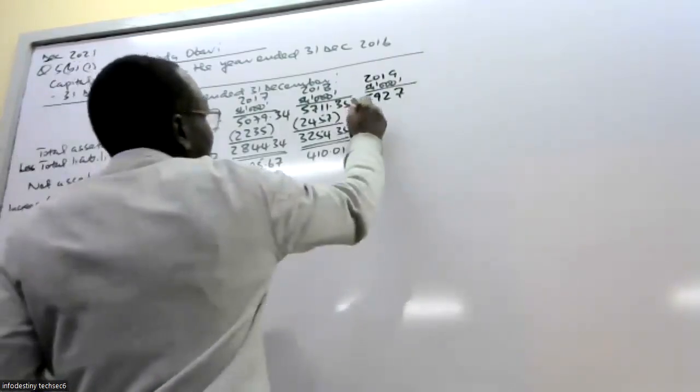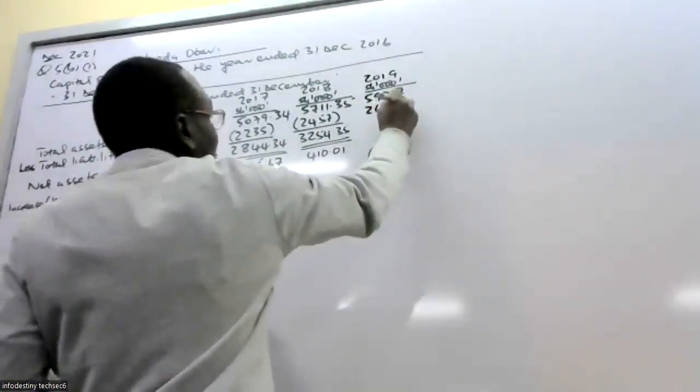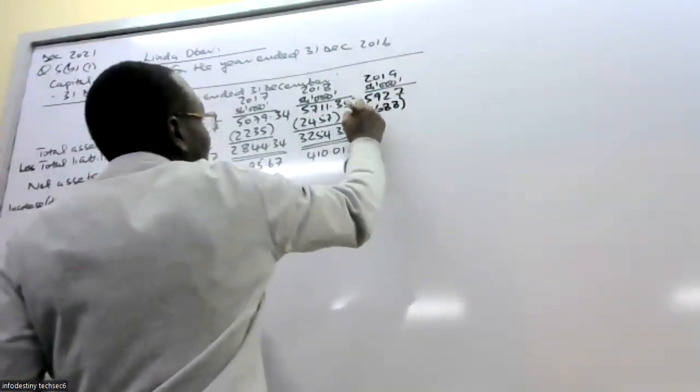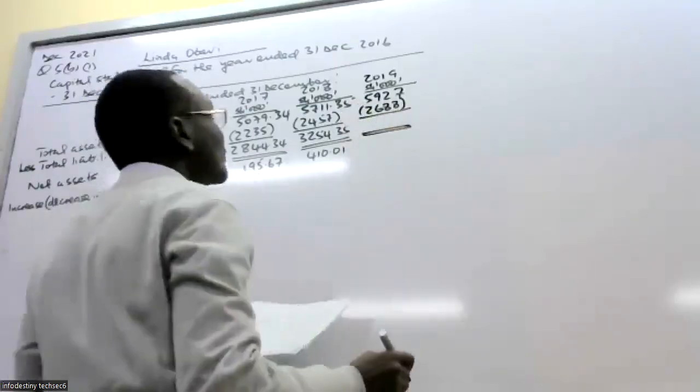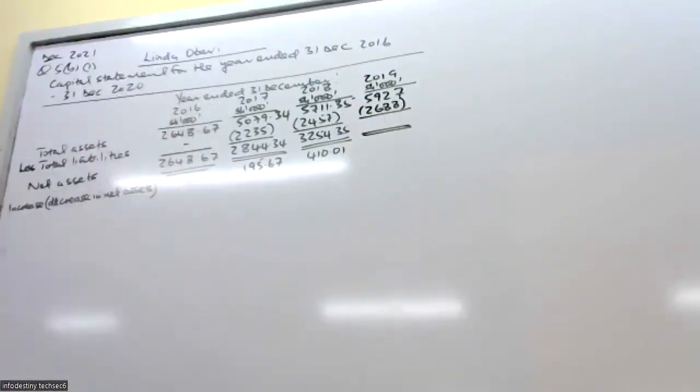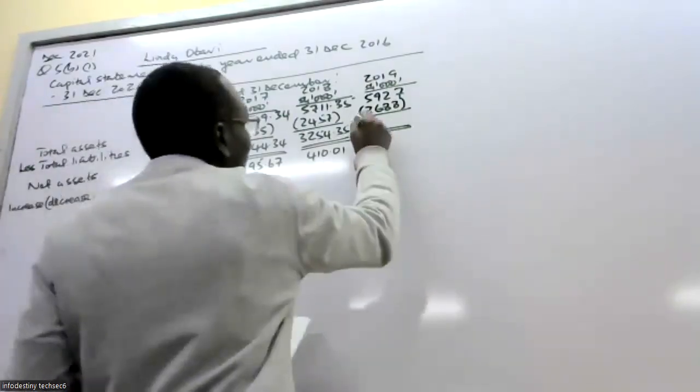So subtract here 2688. The difference would be the net assets, which is 3239.